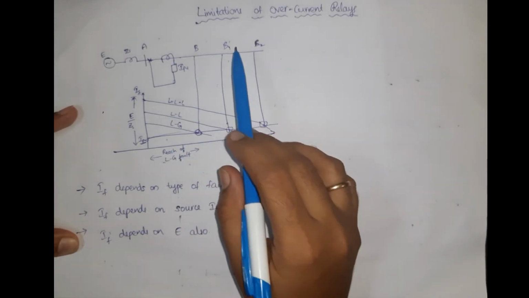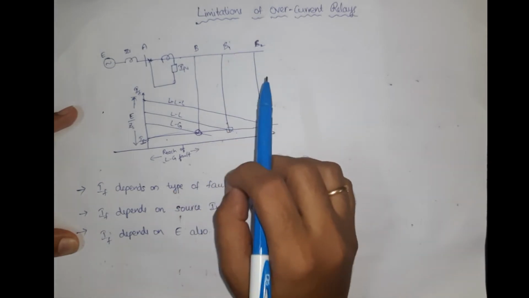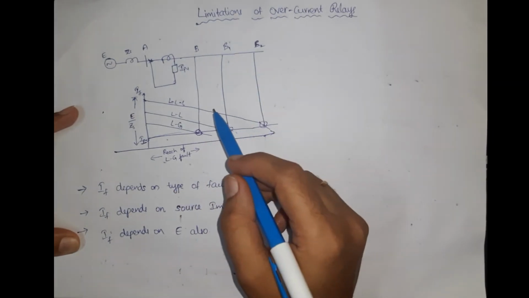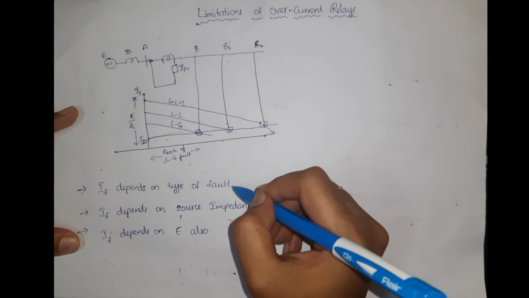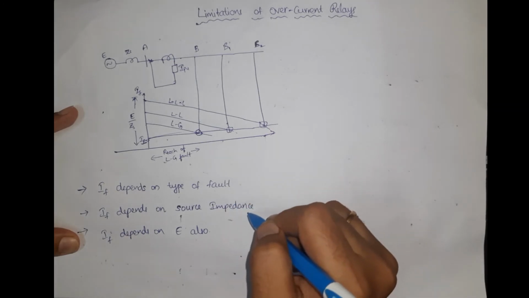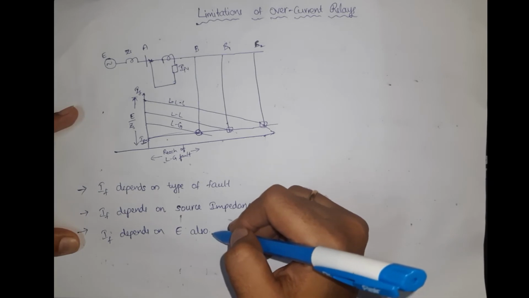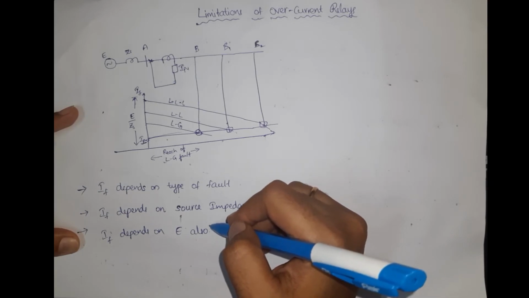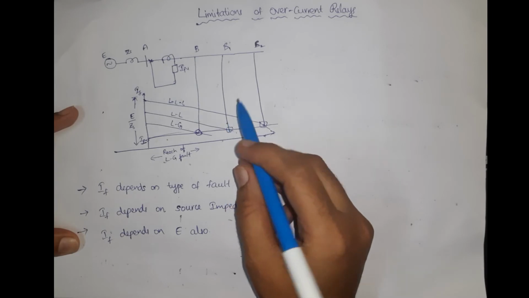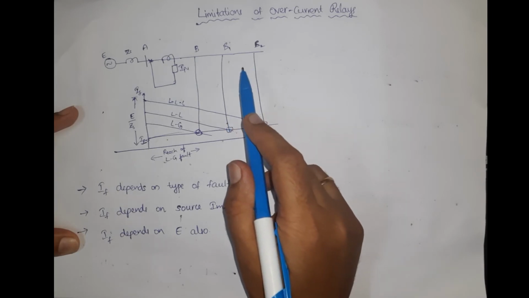Fine. So from the limitations of the overcurrent relay, we can conclude that its operation depends upon the type of the fault. It also depends upon the source impedance, and it also depends upon the generated EMF. Now we cannot estimate where in a power system a fault can occur.